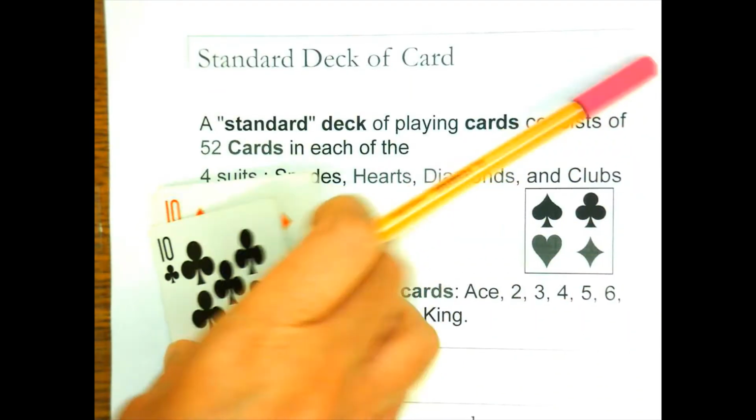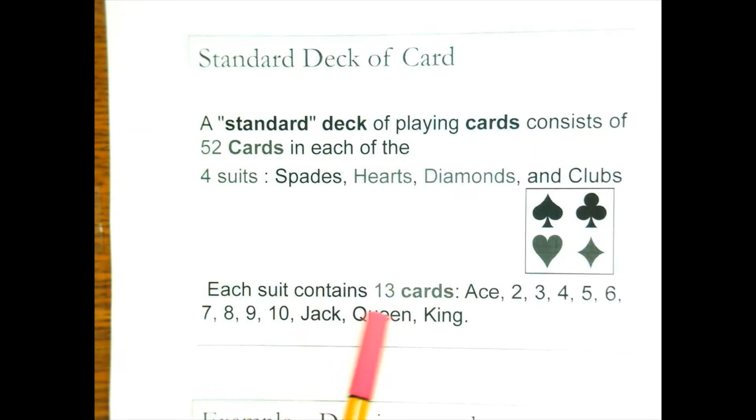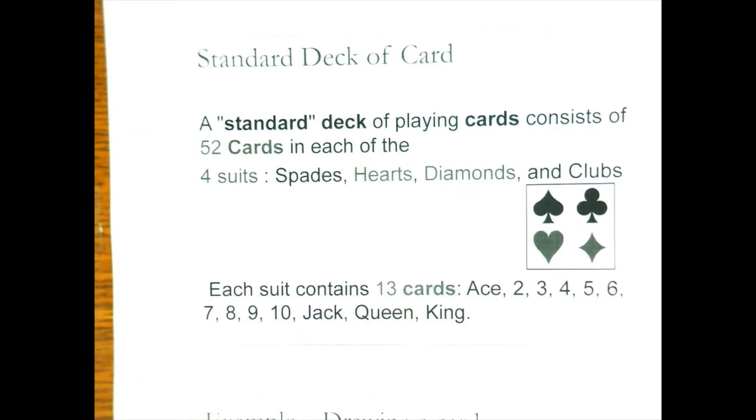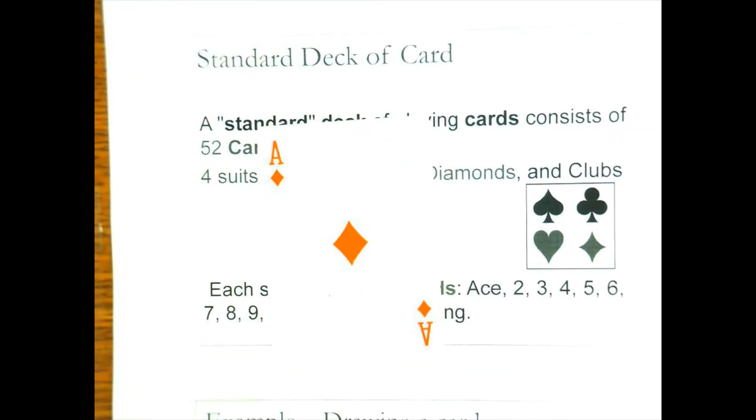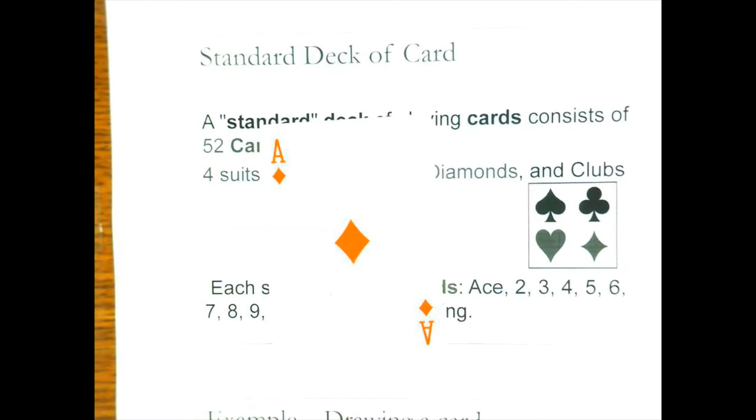Now in each suit you have 13 cards, which is ace, which looks like this. In some games it has a big value, but in some other games it counts as 1.